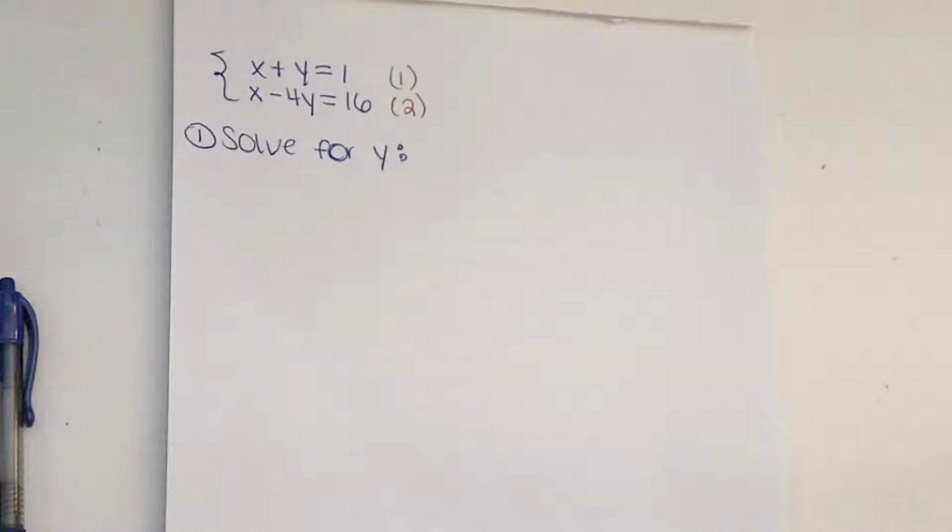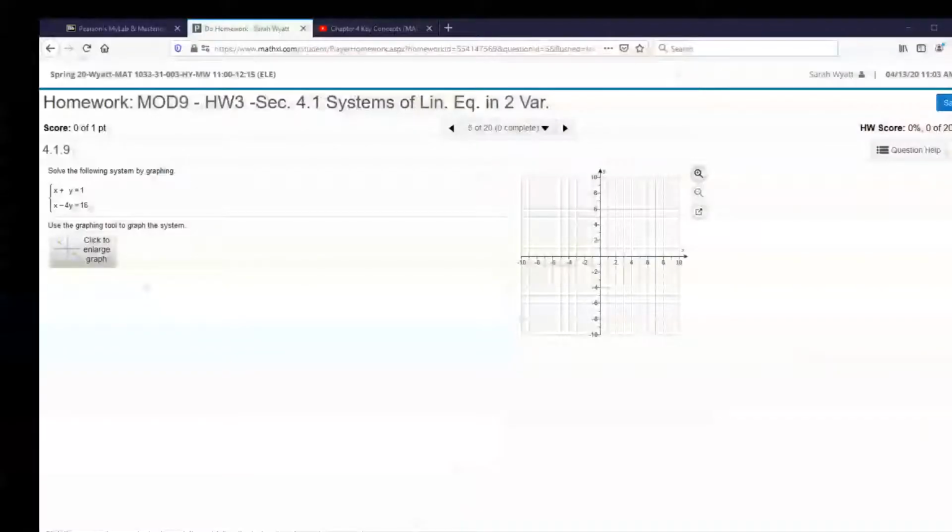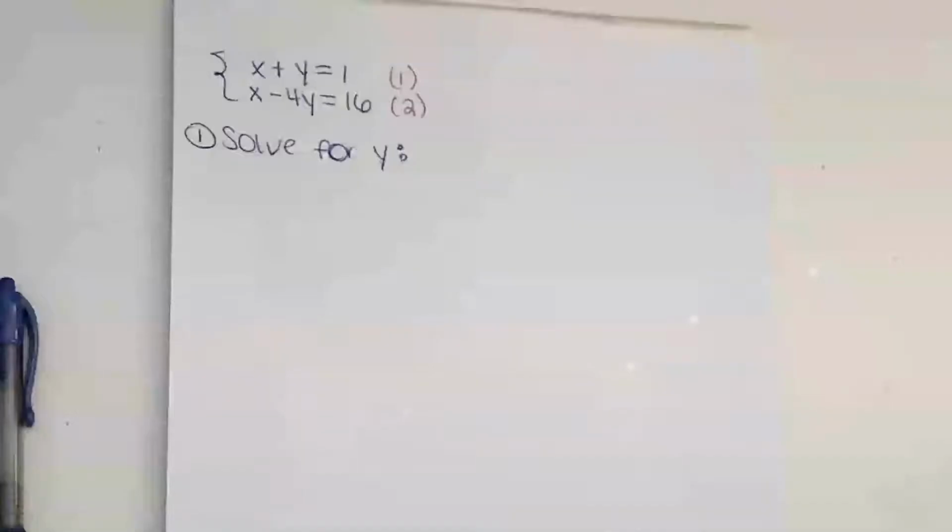Okay. All right. So you're going to solve for y, and when you solve for y, you get y equals negative x plus 1. So now what we have to do is we have to graph that equation. So let me go over here. So your y-intercept is going to be the by itself number. So your by itself number is going to be your y-intercept.